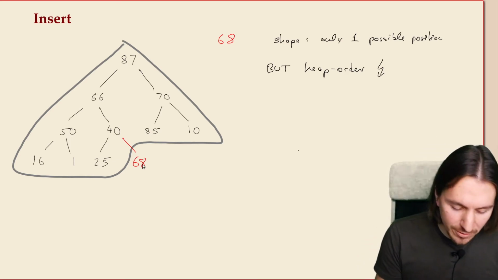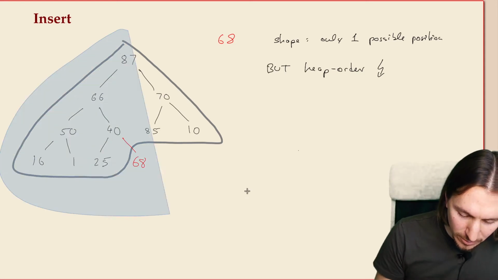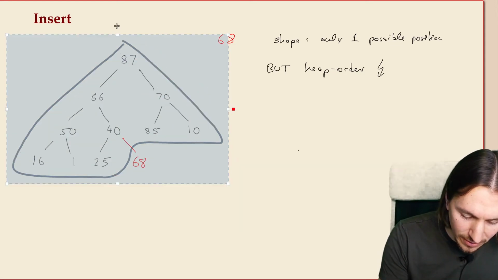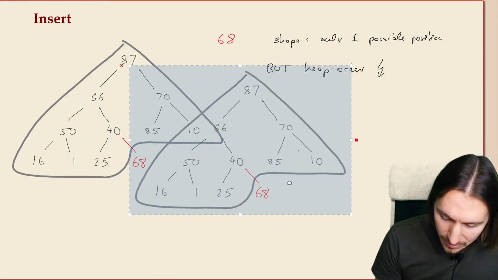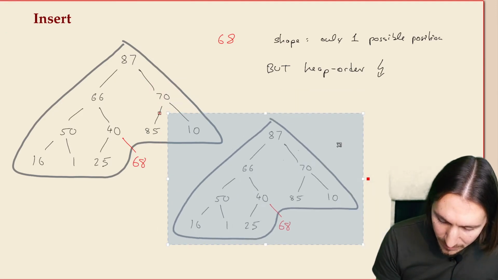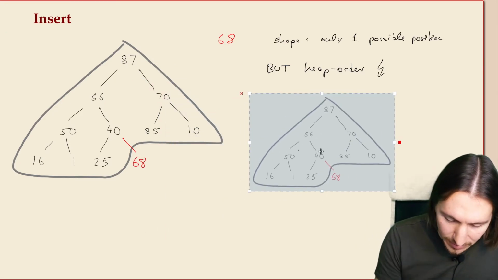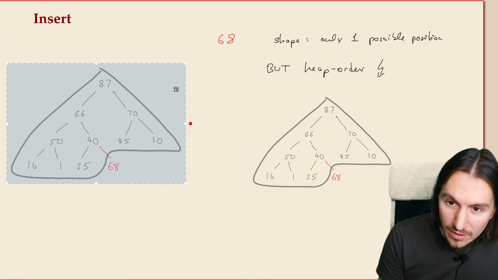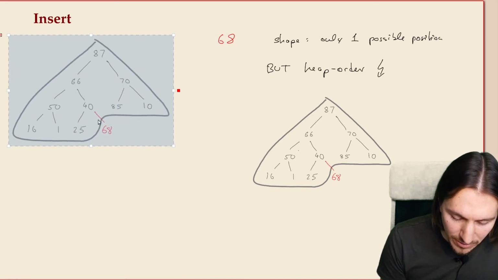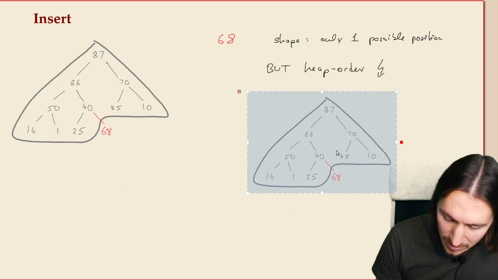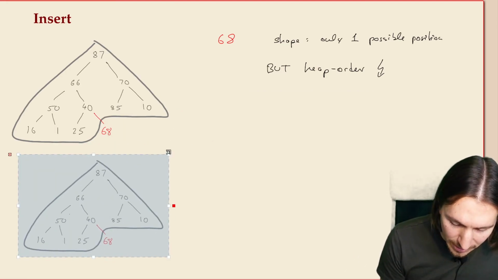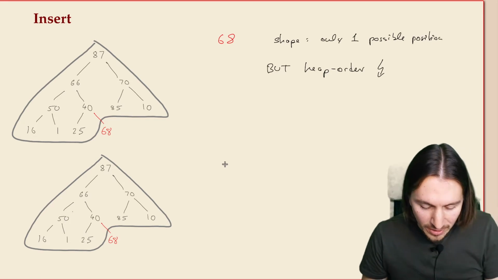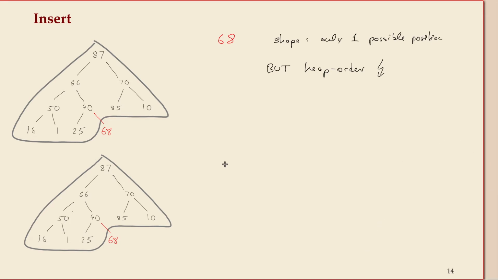So what can we do? Well, we take this thing and we modify it. I think I need to make it a little smaller. I hope it's still big enough for you to see. So that was the initial state. Now, we can't really leave it in that state because the heap order is violated here.